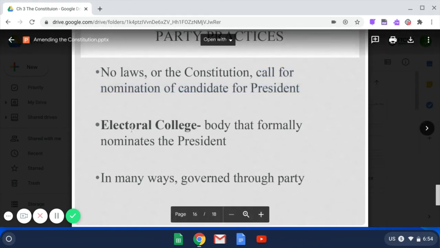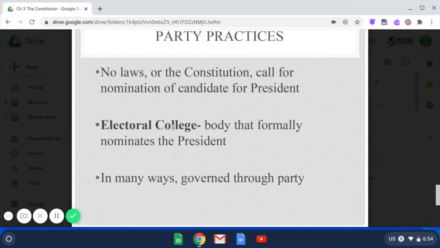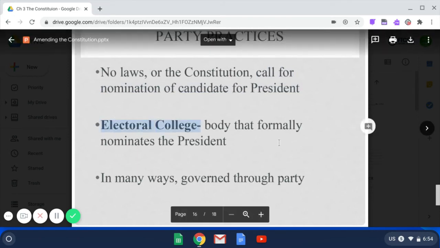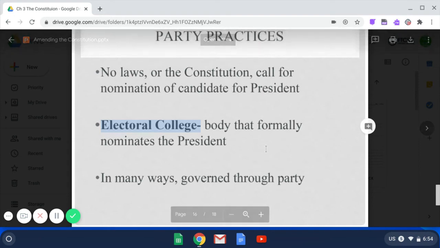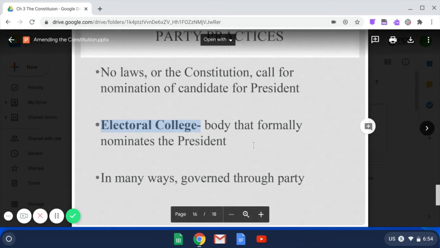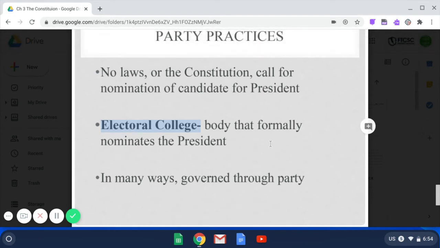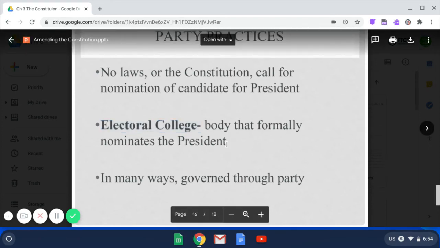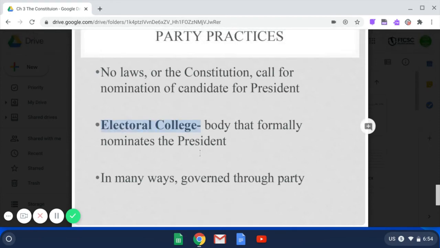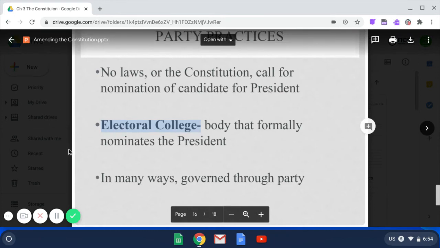The Electoral College is right now the prime example, and this is who actually elects the president. Every state has electoral votes, and those electoral votes are determined by how many members of the House they have, plus their 2 senators. This was installed basically to protect the slave states.